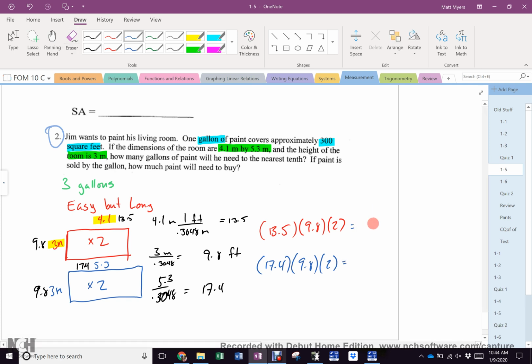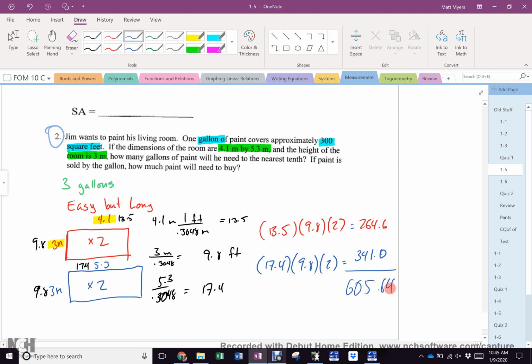Should have done that red. 264.6, and in blue, 341.0, because it's 0.4, right? And then you're going to add that up.